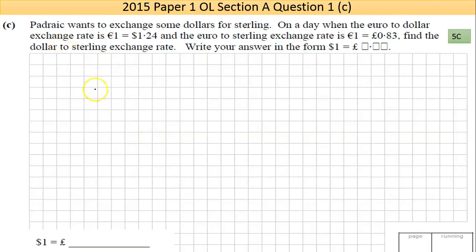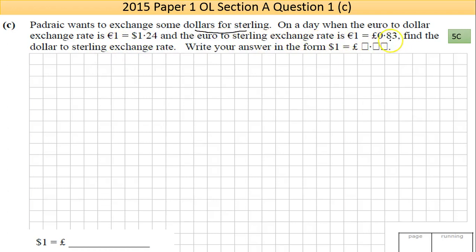Then again, part C, I'll assume you're going to pause and have a go at it. So even more words. Be careful when any question has too many words, you should reread it as many times as you need to. So Porrig wants to exchange some dollars for sterling. We've added in a new currency on a day when the euro to dollar is €1 equals $1.24, and the euro to sterling exchange rate is €1 equals £0.83.